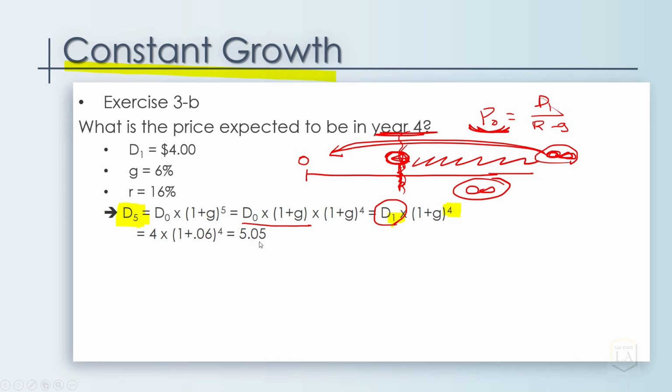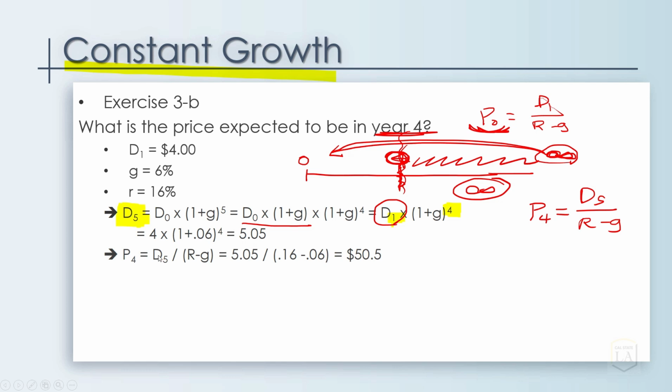So with that, if we come back to the formula that we wanted to use, our objective formula here is P sub 4 being equal to D sub 5 divided by R minus G, right? So that means P sub 4 is D sub 5, 5.05 applied here, divided by R minus G. Then you will see that the price in year 4 should be $50.5.